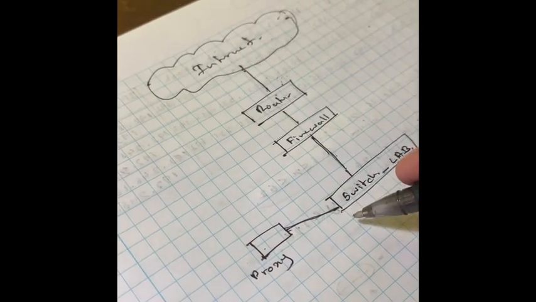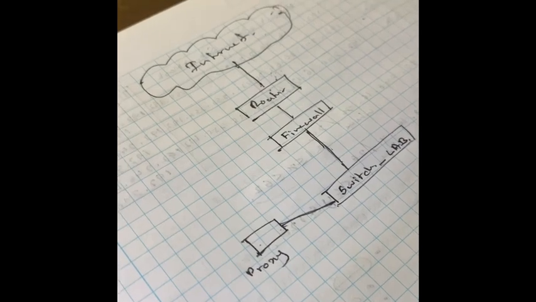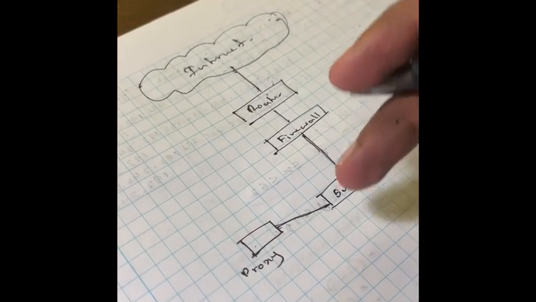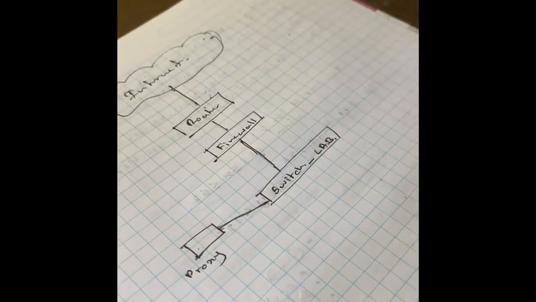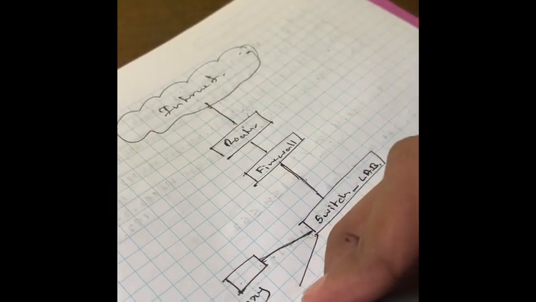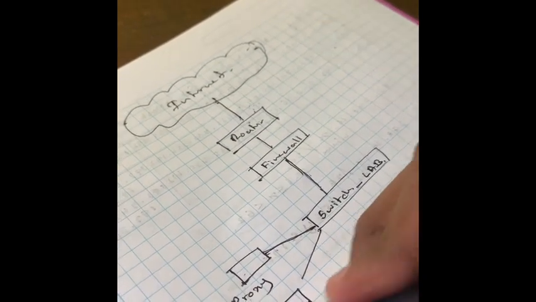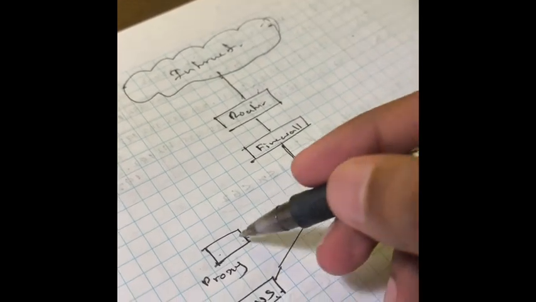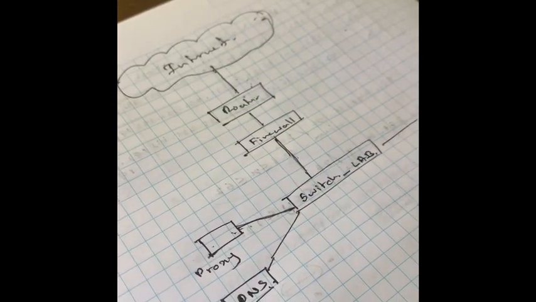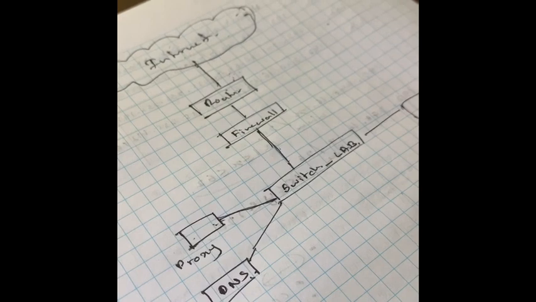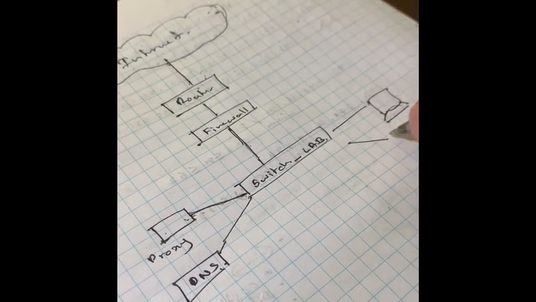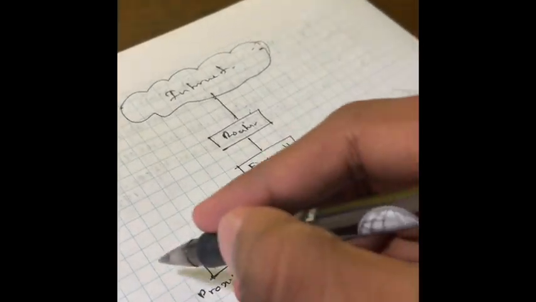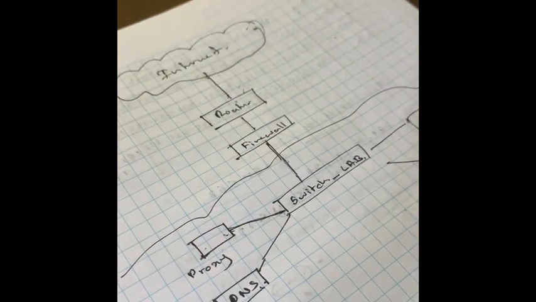You don't have to draw all the computers in this, but the special ones, like they say that you need a proxy server and a DNS server from this subnetwork which is in the lab. So you must draw those two. You can do either 1 or 2 computers. Okay, so that's done.